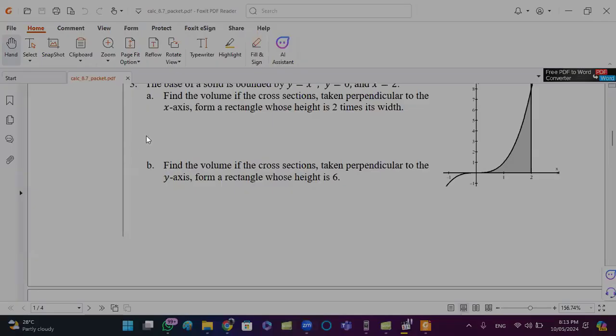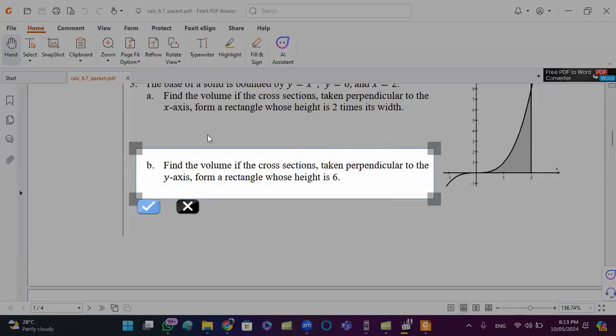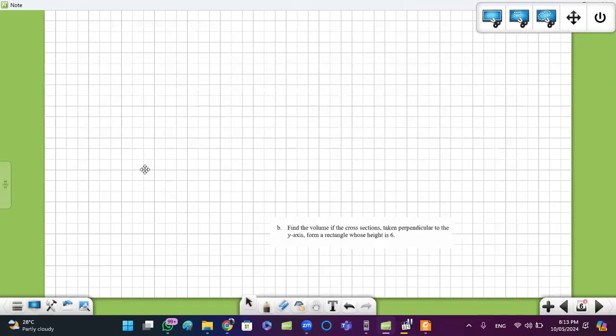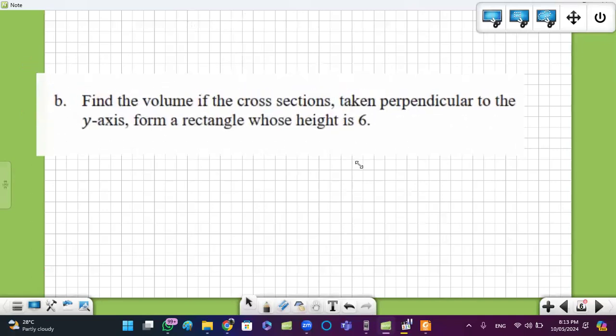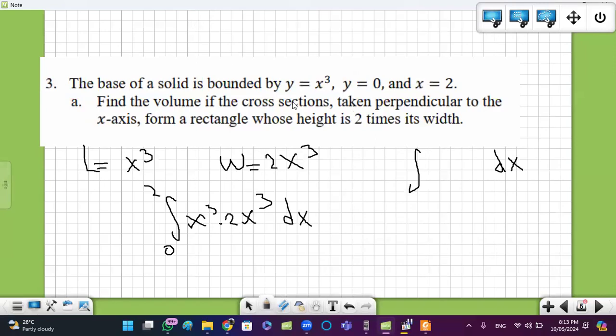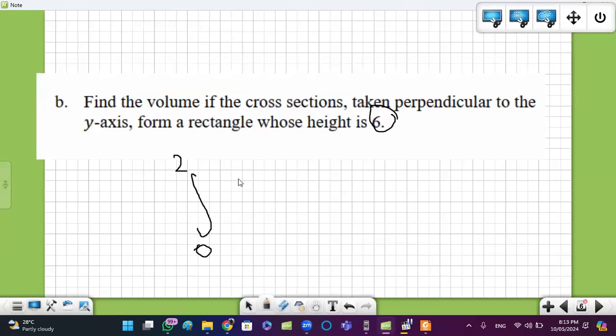Let's solve this one. It is about the same question. The volume is the cross section taken perpendicular to the y-axis from a rectangle whose height is 6. So I will set the integral from 0 to what? To 2, the same as this one.